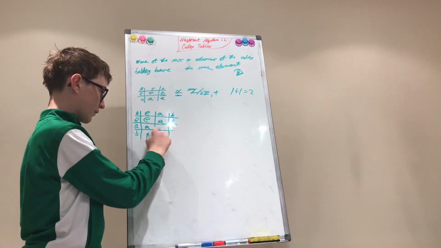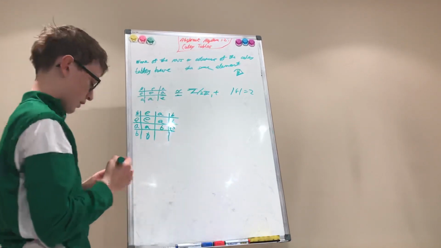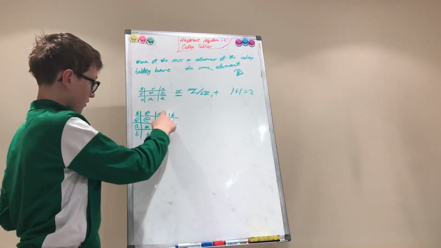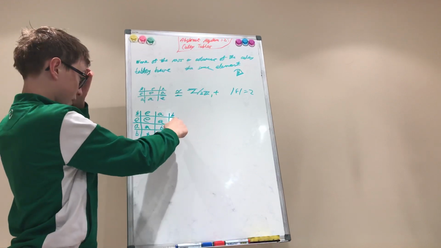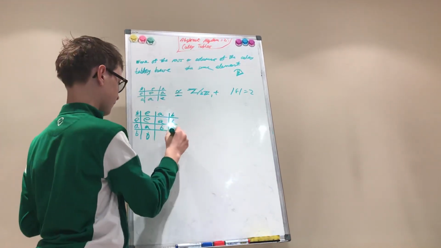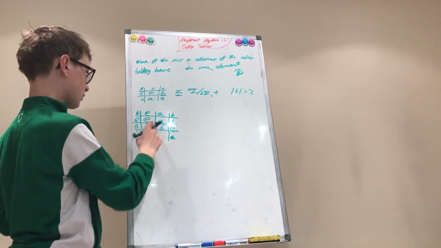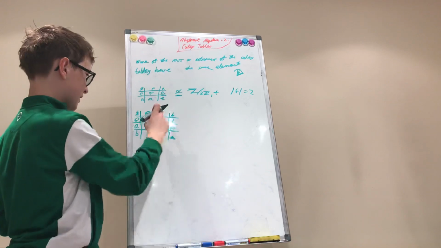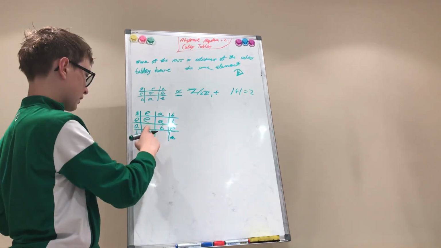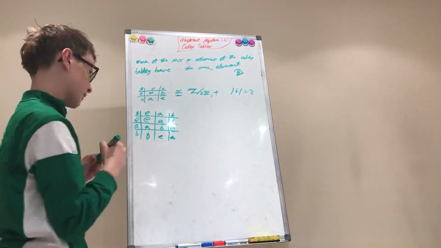Therefore, this must be B, and this is E. Now, this is B, E, so this must be A. And therefore A times B must be E.